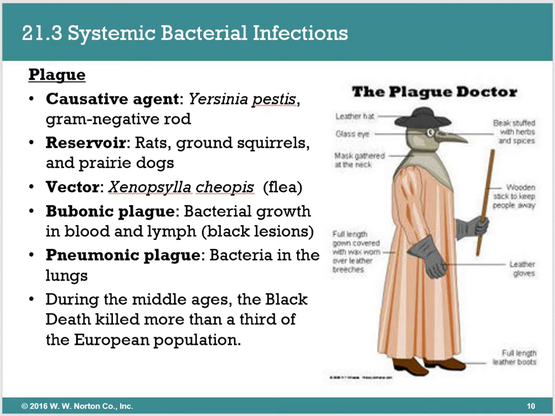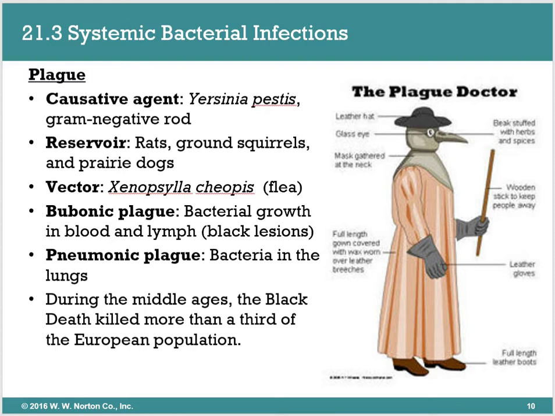But anyway, there's 2 different types of plague. There's the bubonic and the pneumonic. So the bubonic, this is where you get the black lesions on your body, and this is where the bacteria will grow within your blood and lymphatic system, and that's why you'll get those black spots. Whereas the pneumonic, this is where it grows inside the lungs.